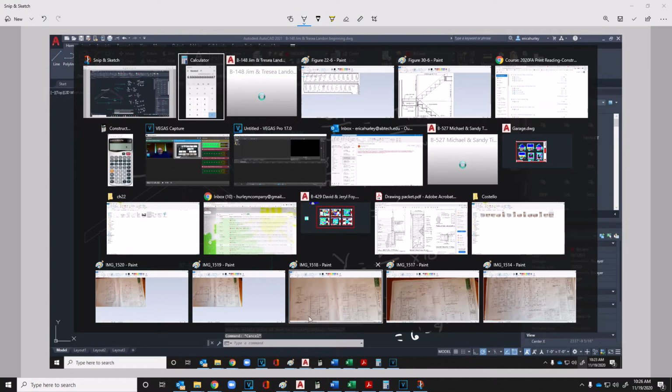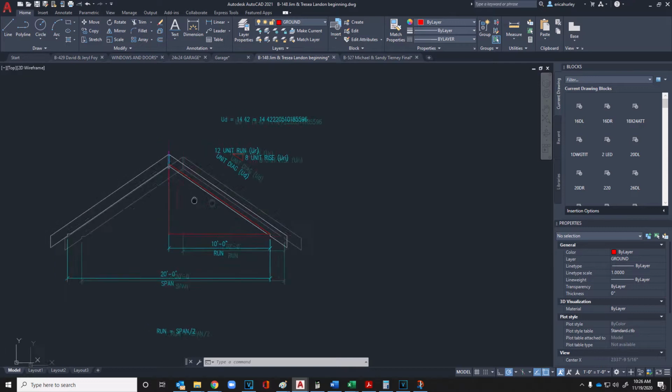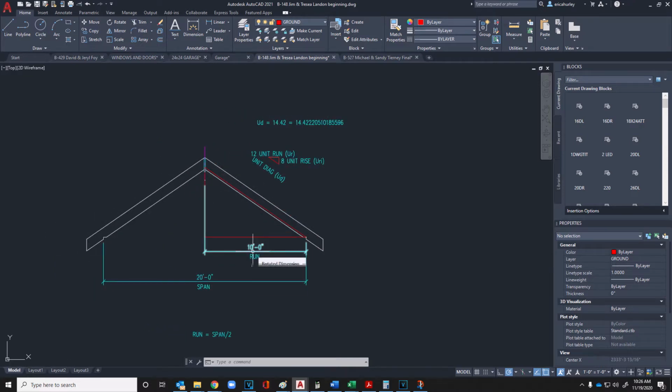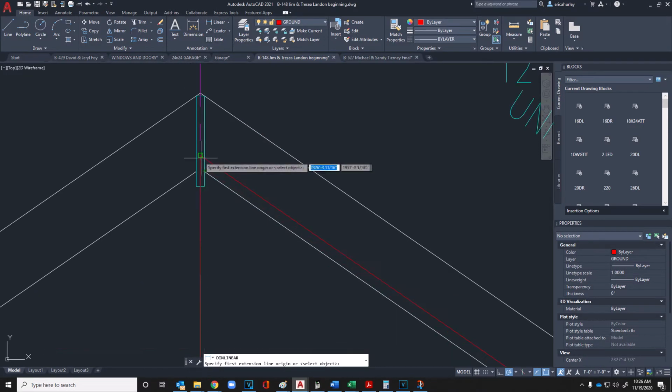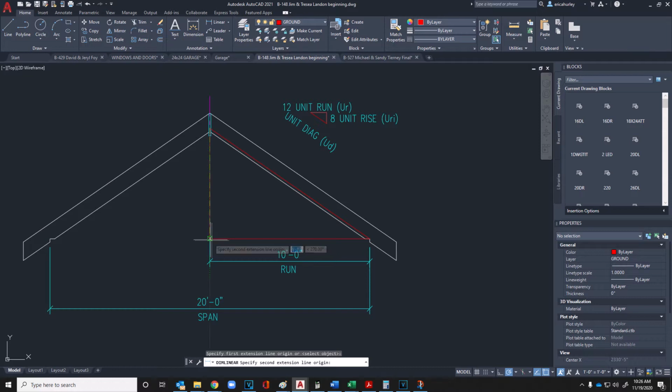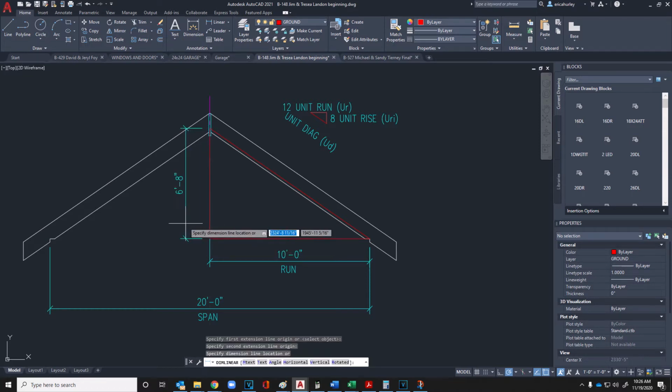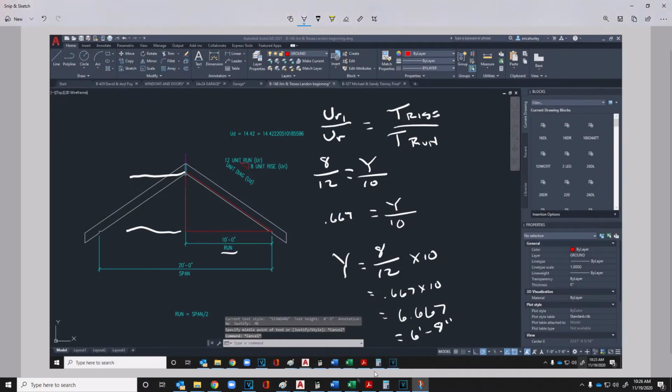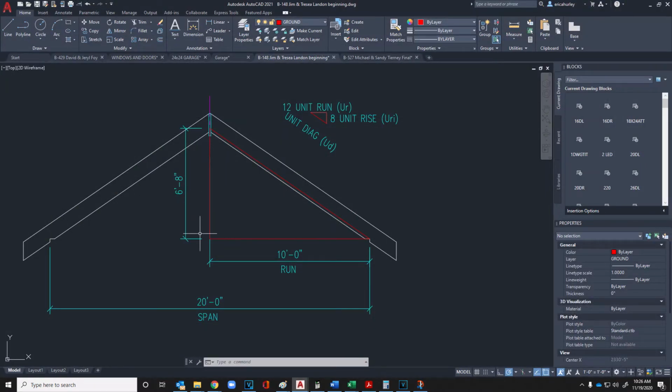So let's figure out if that's right or not. All right. So we have our run, and if I'm correct, then if I measure from this point to this point, I should have 6'8", and I do. Just like what we figured out here, I have 6'8", and that's what that actually worked out to be.